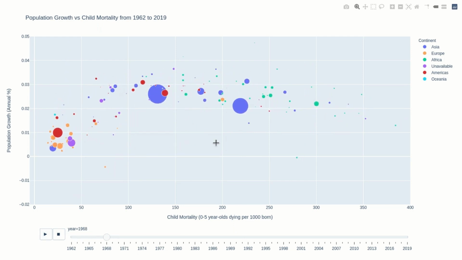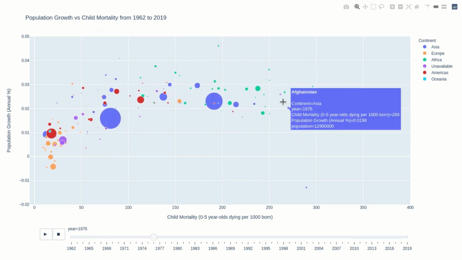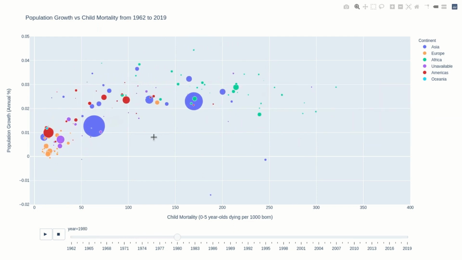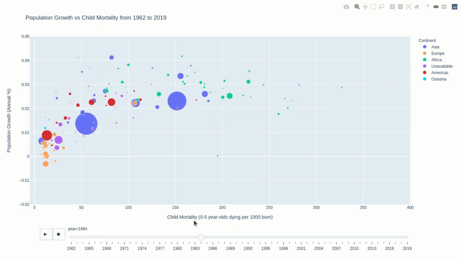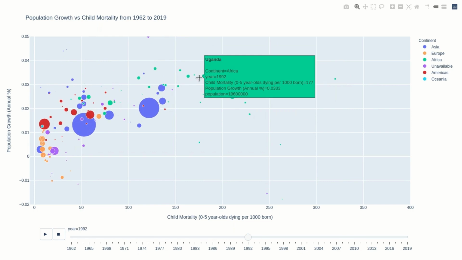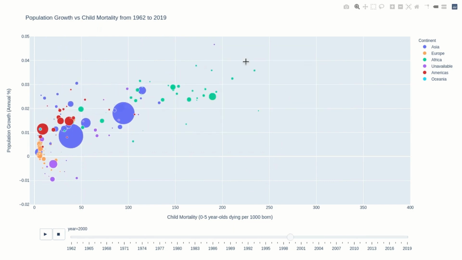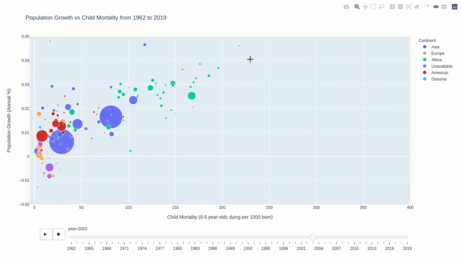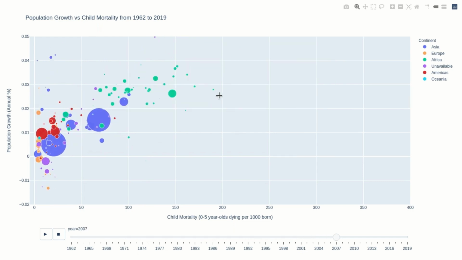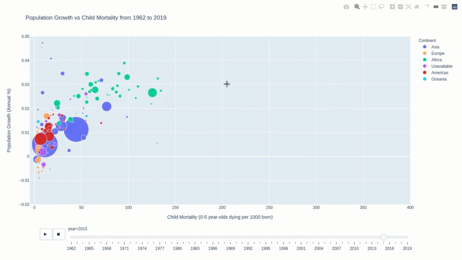So we can see that as the years move ahead, most countries are achieving lesser and lesser child mortality rates. The green ones here are countries from Africa, and we see that the African countries are the ones that are lagging behind, but they are also catching up with the rest of the world.